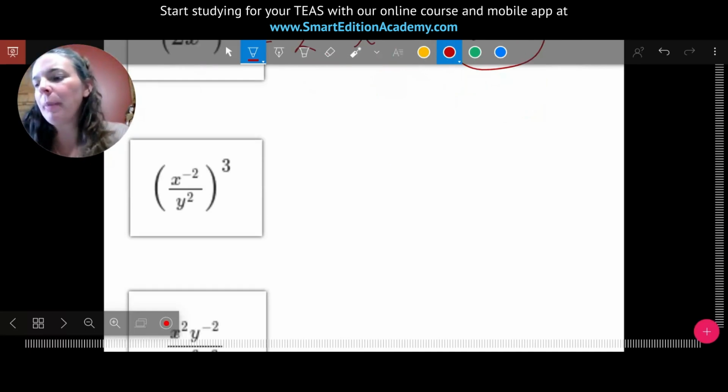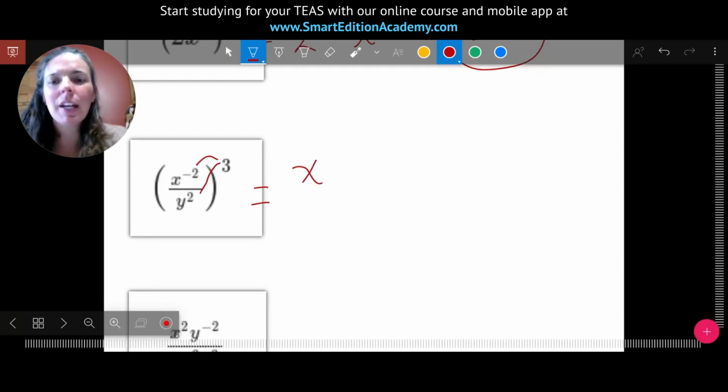All right, so let's try another power rule here. X to the negative second over y squared raised to the third power. So when we are dealing with fractions within here, you just have to, again, make sure you distribute this power out here to all of these. In this case, we're doing it to the top and the bottom.